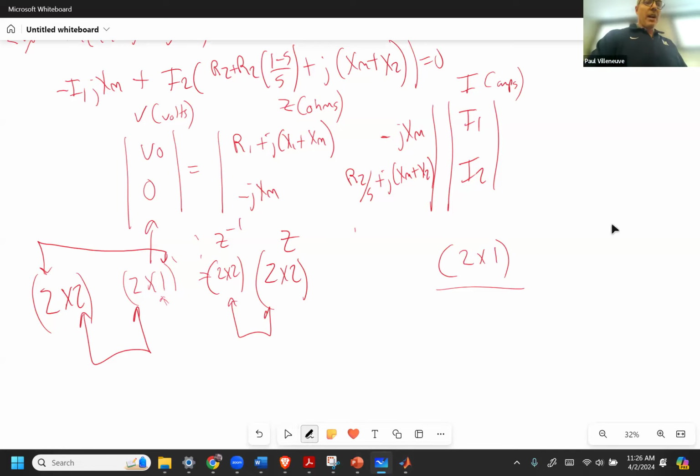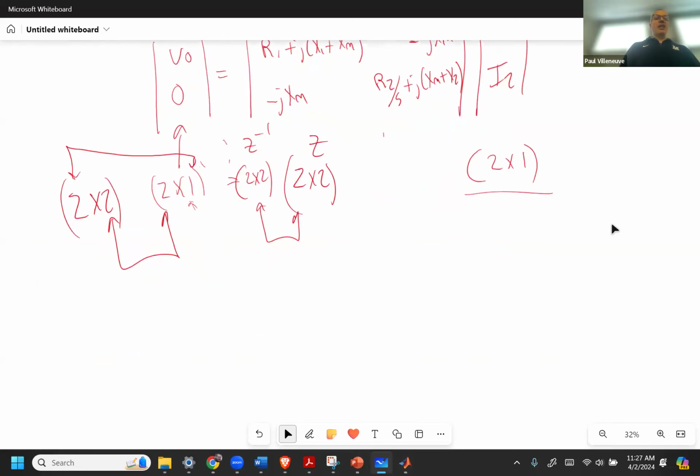So does a 2 by 1 equal a 2 by 1? Looks good. So when you multiply matrices together, you've got to be careful about pre- and post-multiplying your matrices. That's why when you multiply matrices in your calculator, sometimes you get the dimension error. You ever seen that or have that happen to you in your calculator? All of us have. That's because we just don't multiply in the correct order.